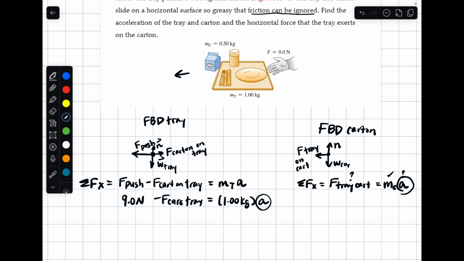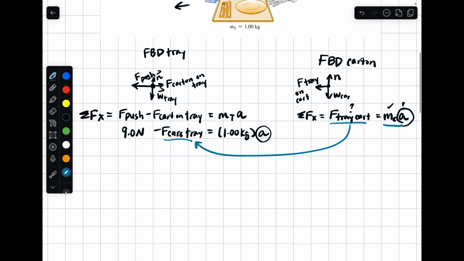We know that we have a Newton's third law pair between the carton and the tray. So these magnitudes will be equal. So what we could do is solve for F tray carton and insert that into this equation here, since the magnitudes are equal.